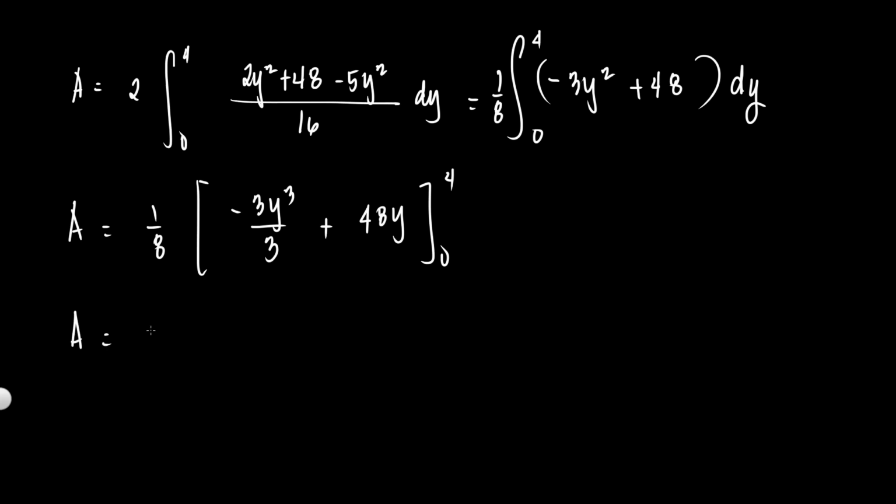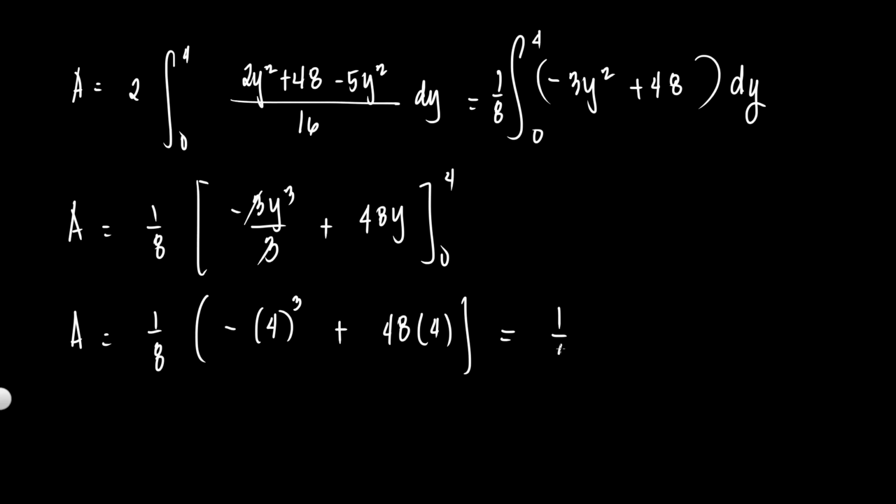So this is now equal to 1 over 8. Cancel the 3, so times minus 4 raised to 3 plus 48 times 4. So we have 1 over 8 times minus 64 plus 192.